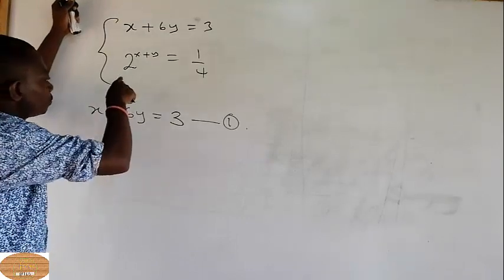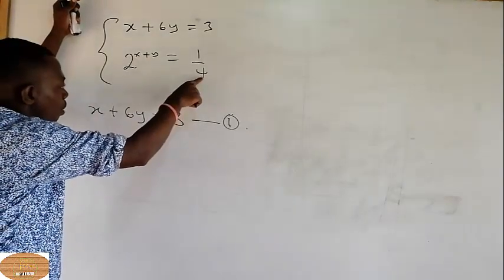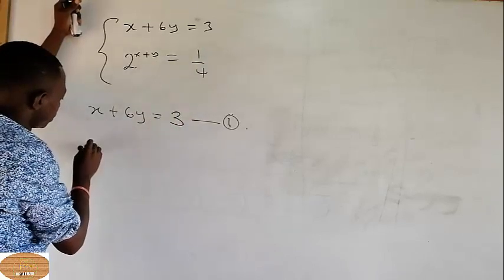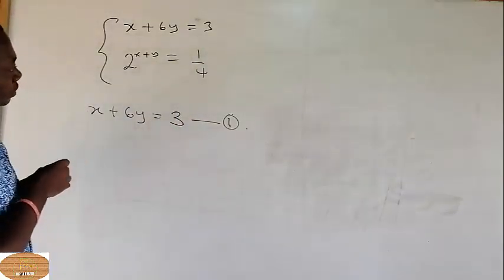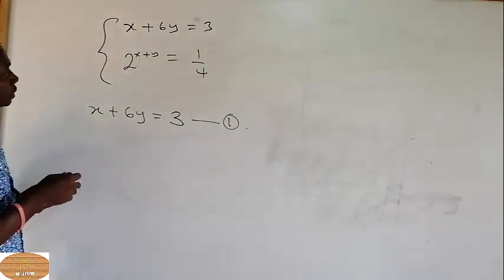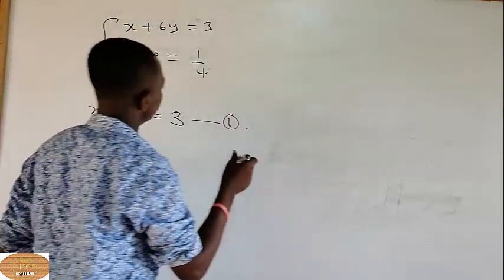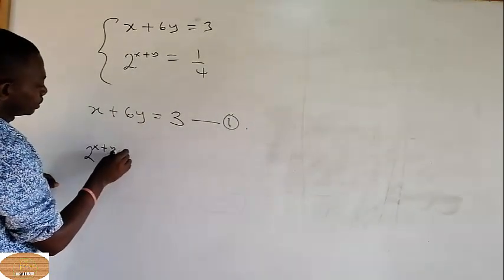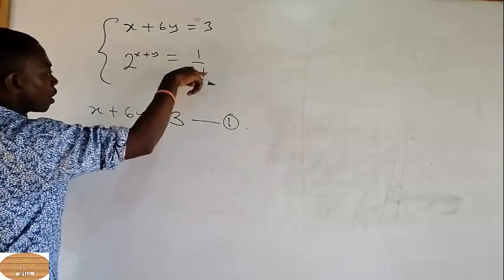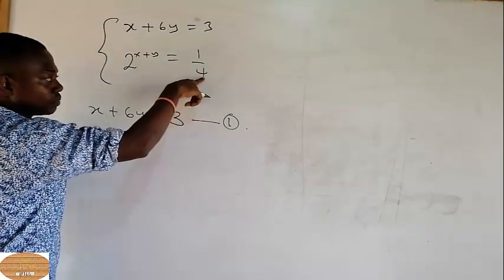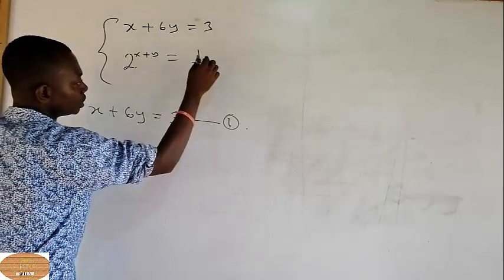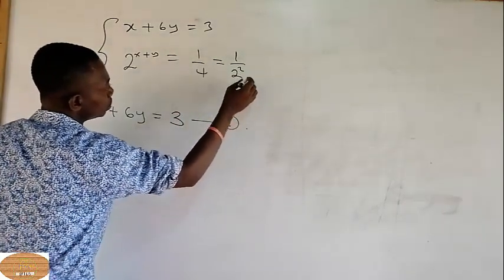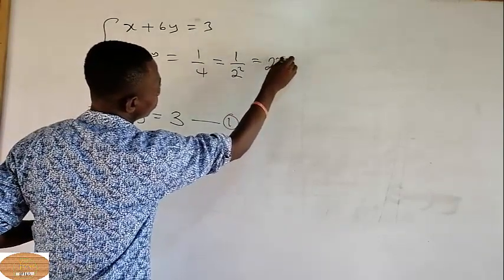I have 2 here, and I have 1 over 4 here. So this one is the same as 2 to the power x plus y, because 1 over 4 is the same as 1 over 2 to the power 2, which is the same as 2 to the power minus 2.